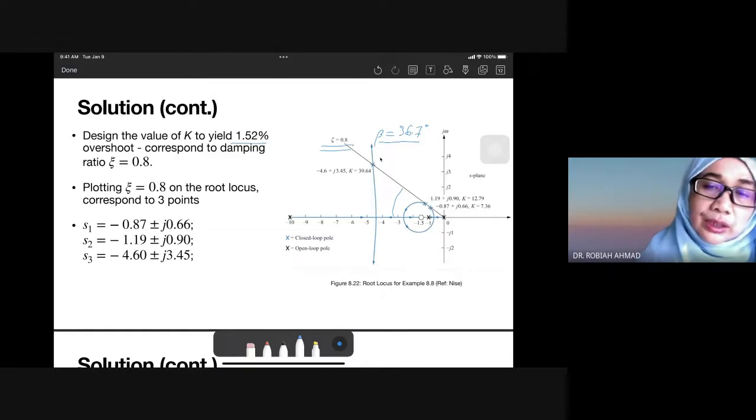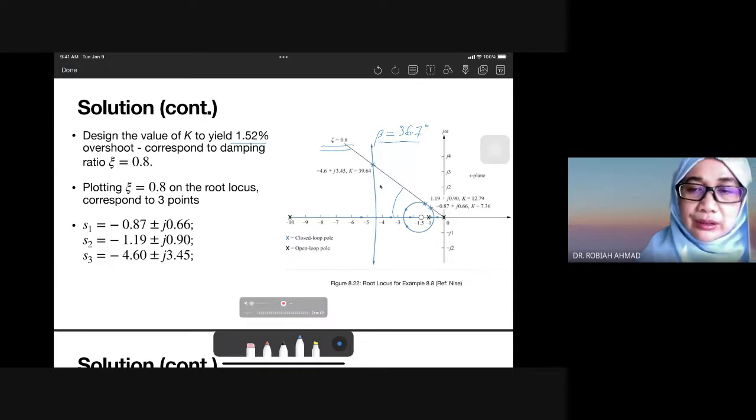Okay, so this one the answer is using MATLAB. We find there are 3 points corresponding to the condition of maximum overshoot of 1.52.